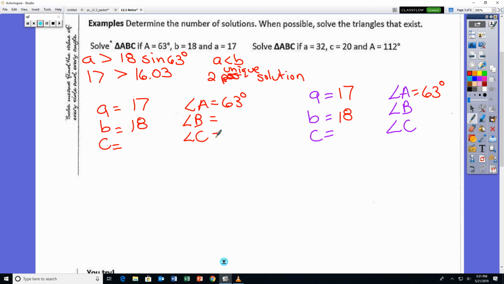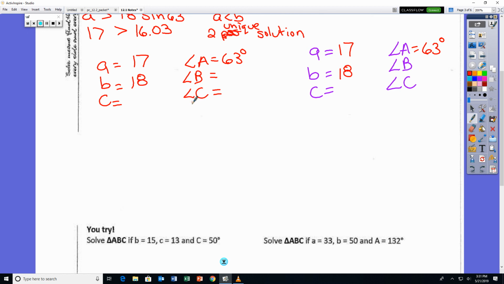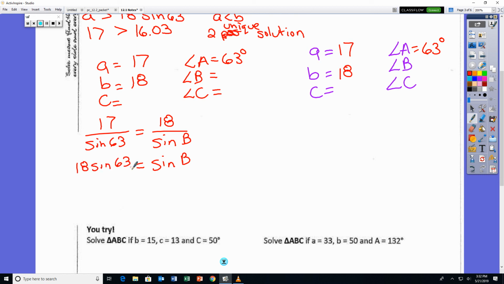So the first thing, just like on the front, we need to find for this first set, what is angle B, what is angle C. So I'm going to go with 17 over the sine of 63 equals 18 over the sine of angle B, or sine of angle B is going to be 18 sine of 63 all divided by 17.